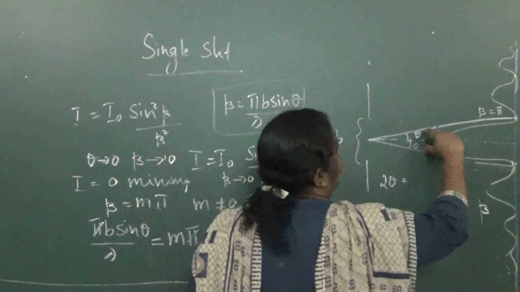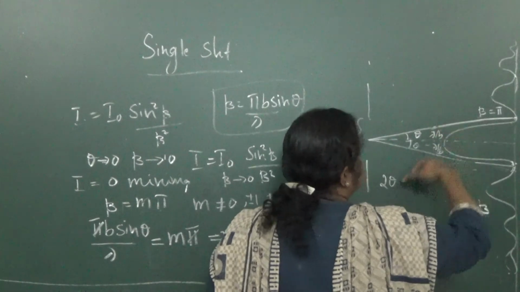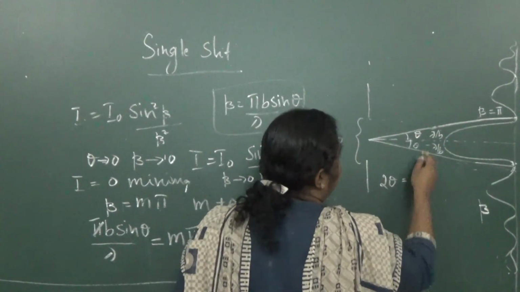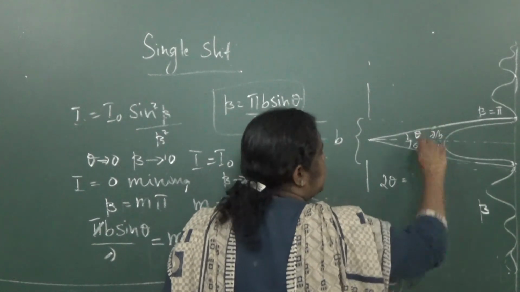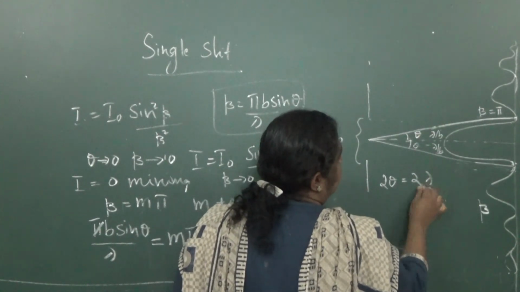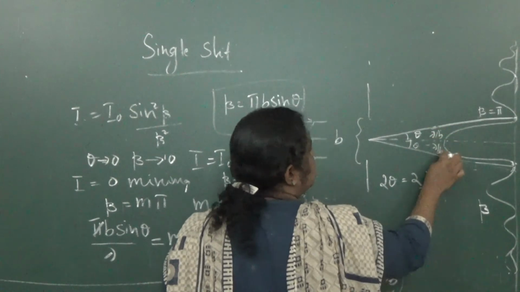That is given by lambda by b plus lambda by b, which means the width is 2 lambda by b.